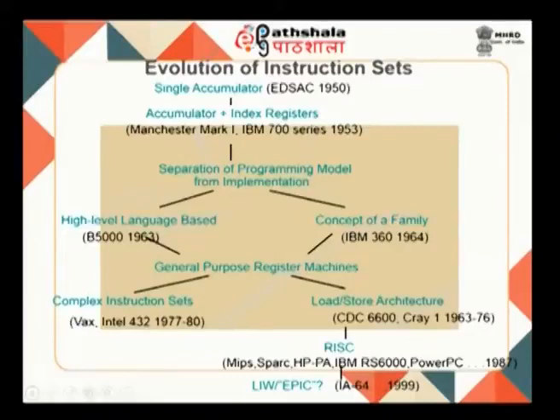So, you had implementations based on high level language, based on general purpose register machines, and so on and so forth, and most of the machines that are used today are based on the RISC instruction set architecture. So, this is just to give you a feel of the evolution of instruction sets. Most of these terminologies will be clear to you as we go through the other parts of this module.